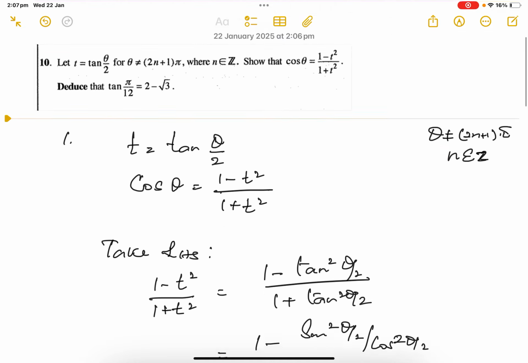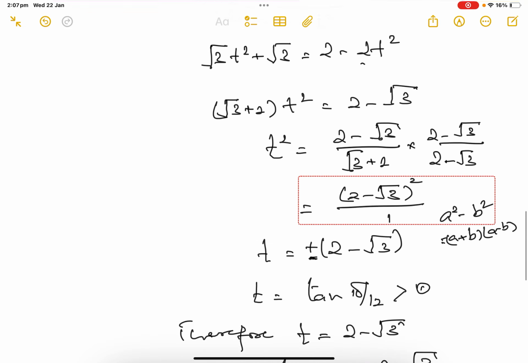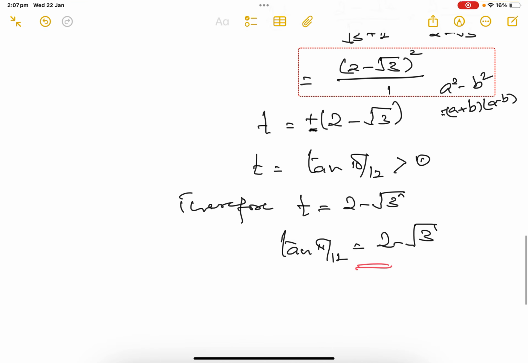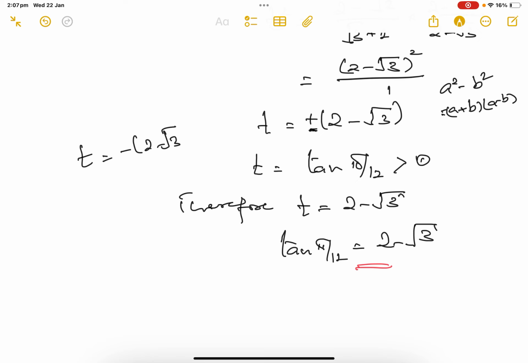So t equals minus 2 minus root 3 is not the answer. So t is 2 minus root 3. So tan pi by 12 is 2 minus root 3. That is what we have been asked to prove.